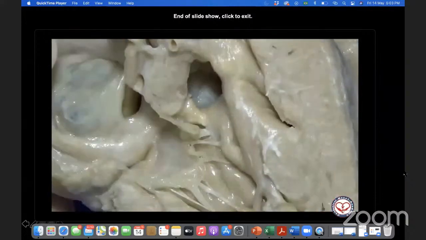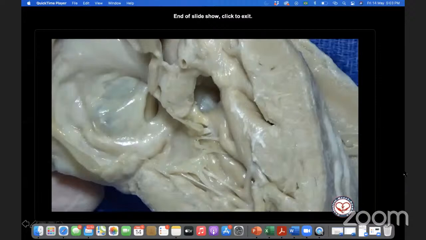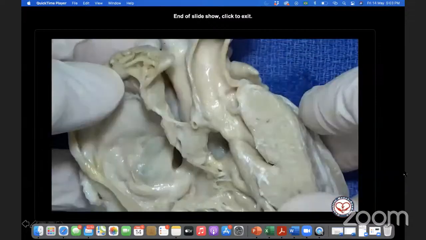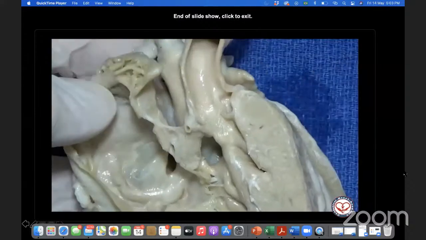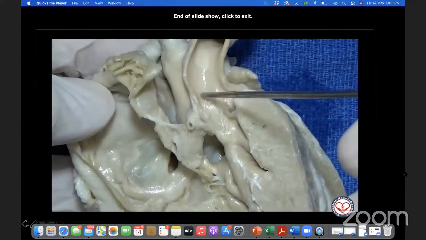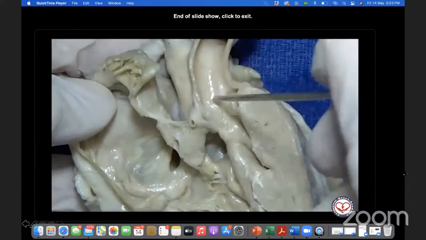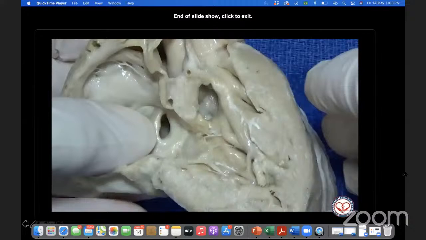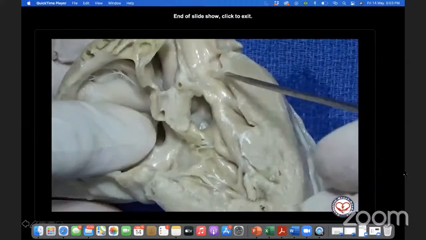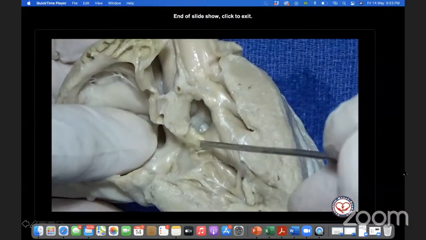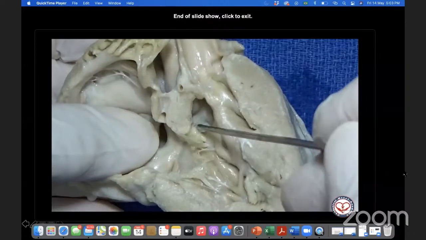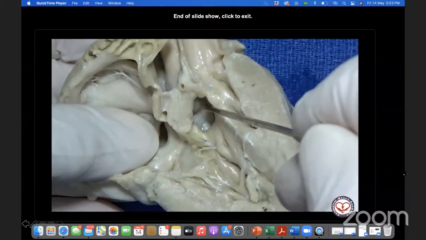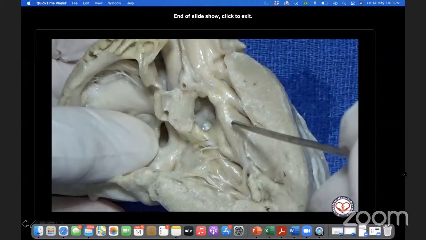The next specimen I have sectioned in a long axis plane, the majority of the right atrium, right ventricle, and some of the ascending aorta. And you can see that the aorta is almost directly anterior and slightly leftward of the pulmonary trunk in this case. Here we have a muscular outlet ventricular septal defect, so that the defect lies between the limbs of the septomarginal trabeculation, which is here.